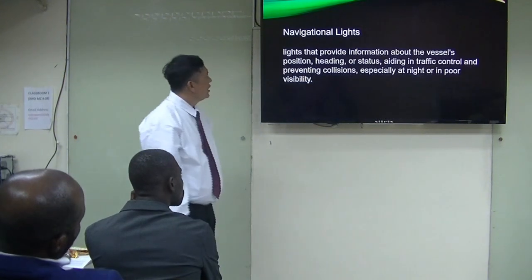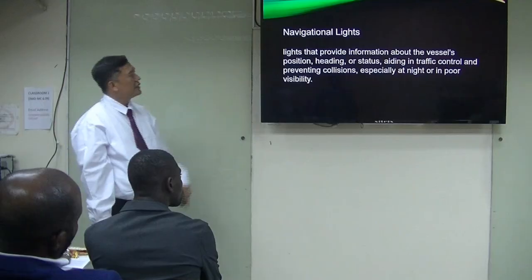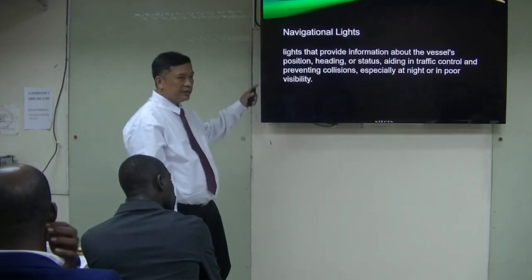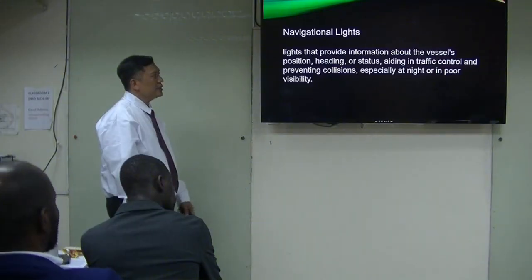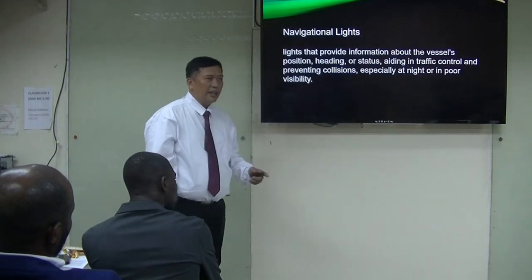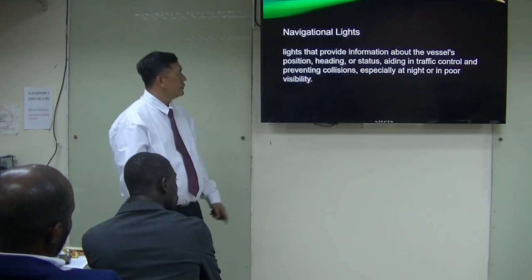Okay. So, navigational lights are lights that provide information about the vessel's position, heading, or status, aiding in traffic control and preventing collision, especially at night and in poor visibility.